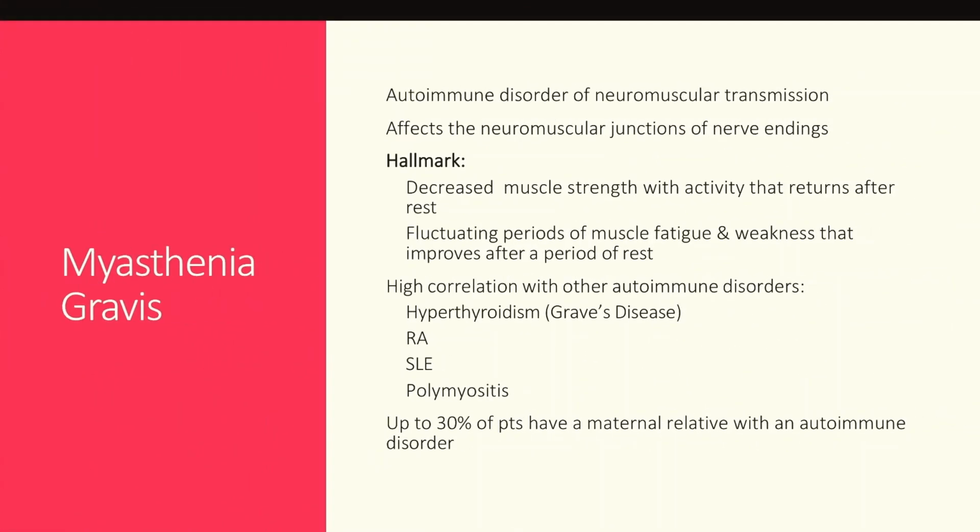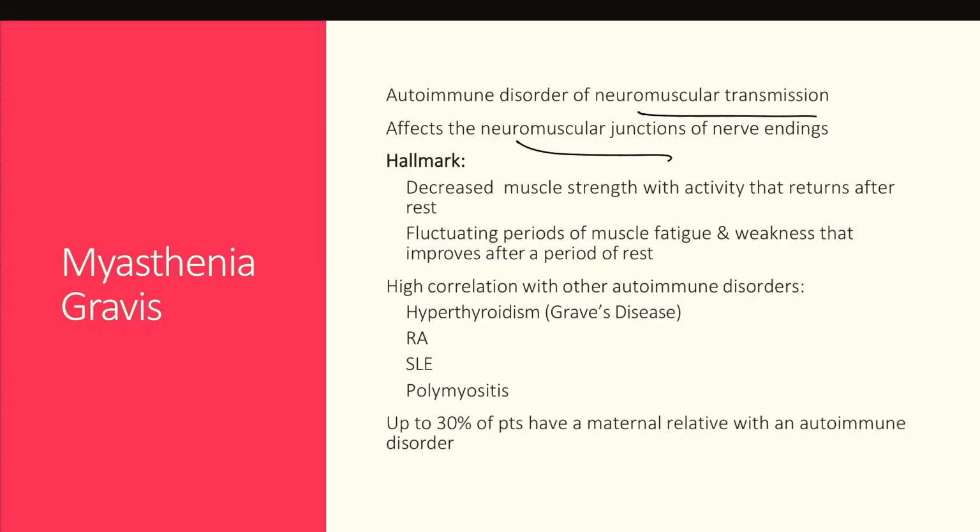Myasthenia gravis is the last autoimmune disorder we're going to cover. We went over this a little bit yesterday when we talked about the neuromuscular junction. Myasthenia gravis affects neuromuscular transmission at the neuromuscular junction.